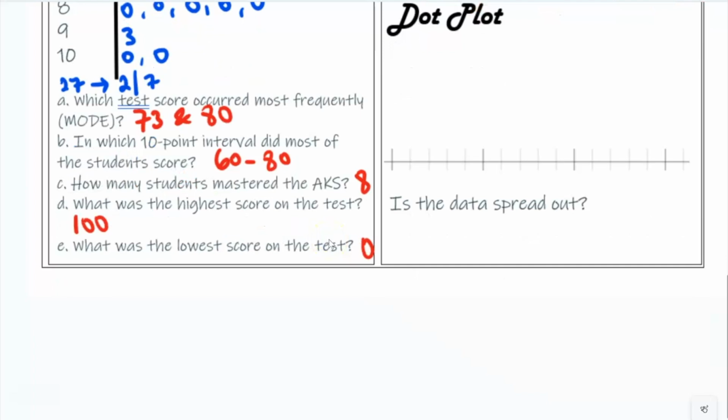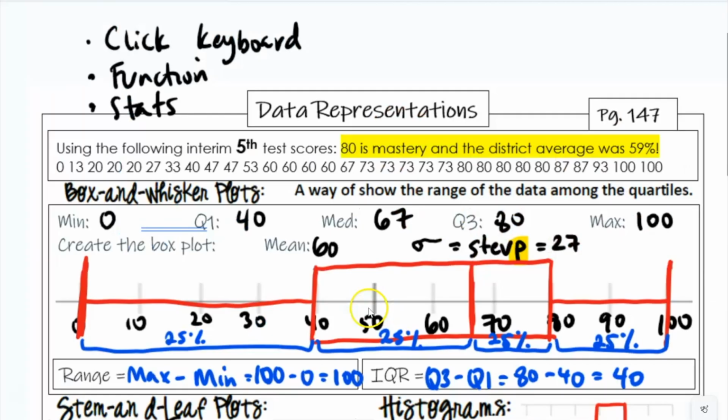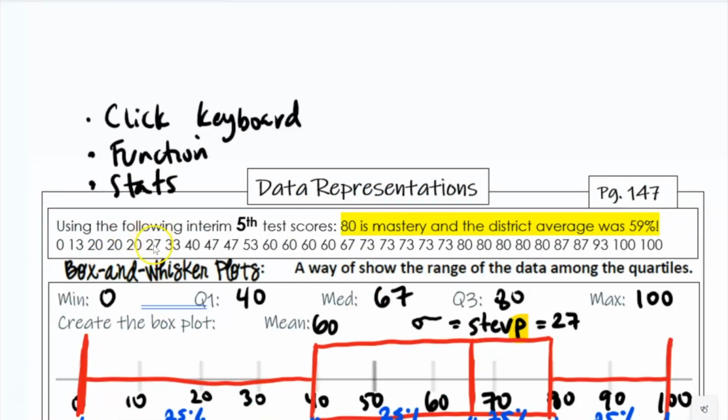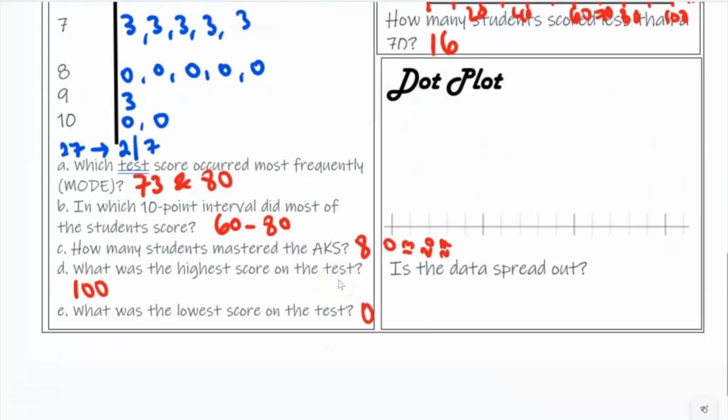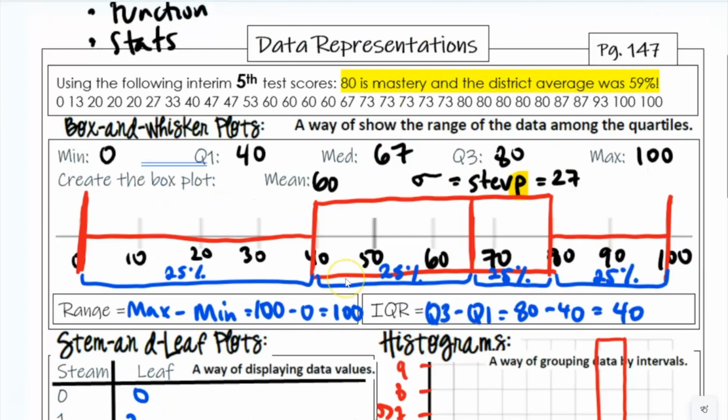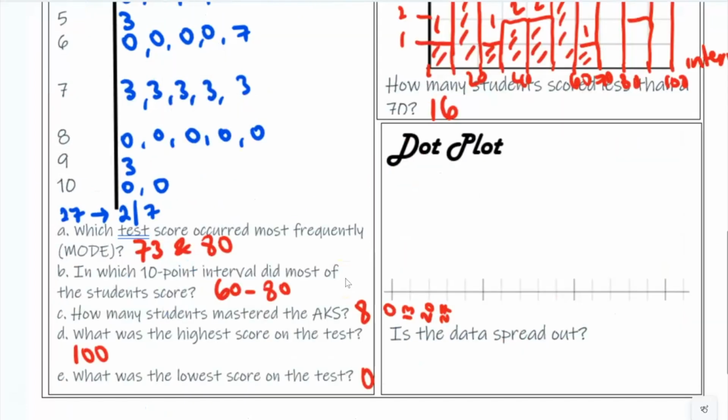So I need a 0, and you can write it sideways like this so I can fit a 13, a 20. And then you need 27, 33, 40. So again, sideways.